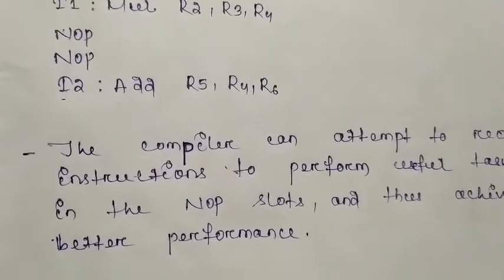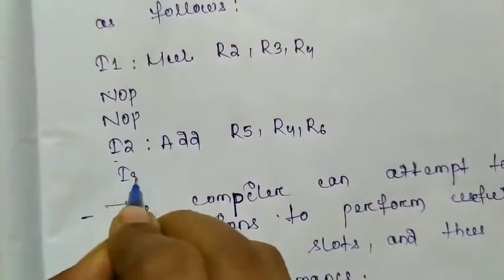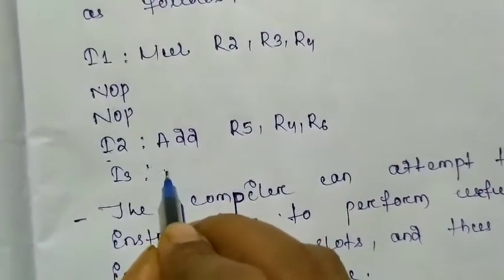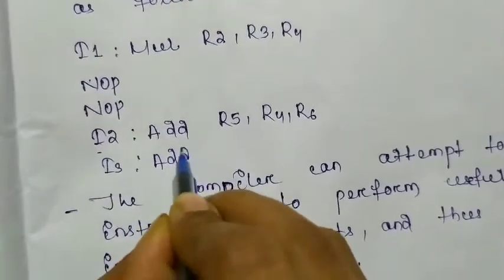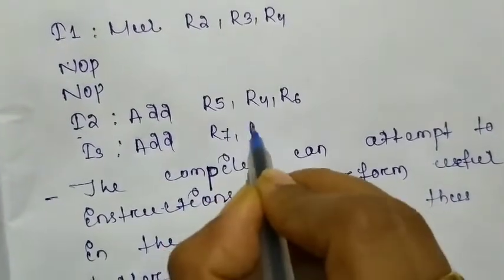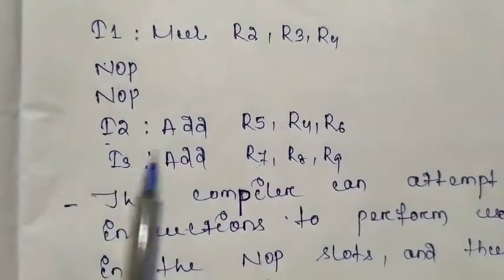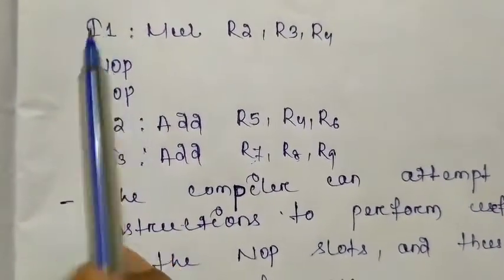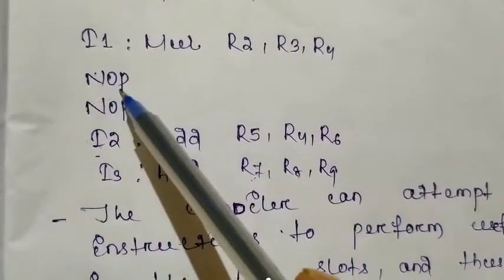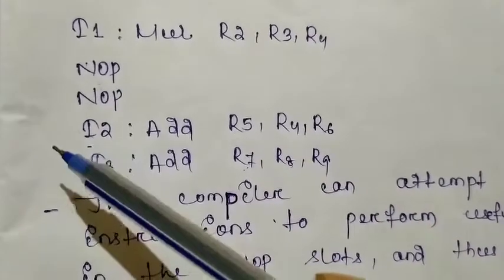That means it may insert some extra instructions. Let I3 be another addition, R7, R8, R9. This instruction's execution does not depend upon I2 or I1. So when the compiler executes I1 and reaches the NOP instruction, it will reorder the instructions.